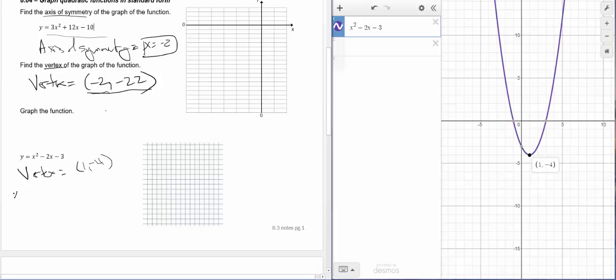Which tells me the axis of symmetry is the line x equals the x-coordinate of this, which is 1. That's a vertical line that goes right through this vertex.